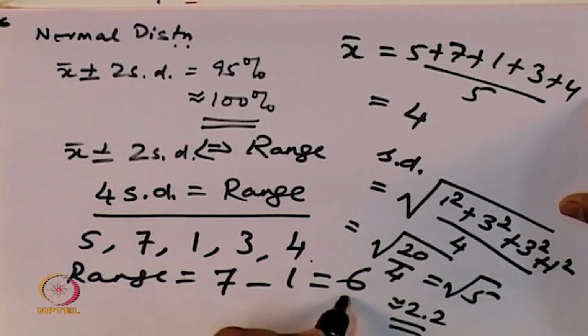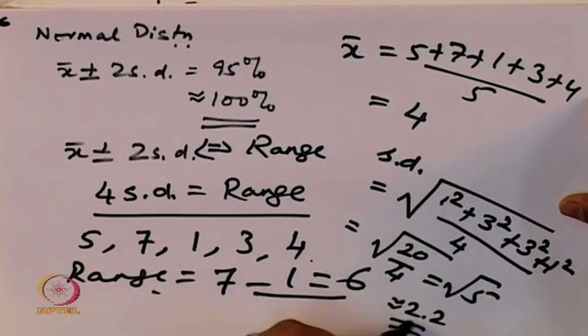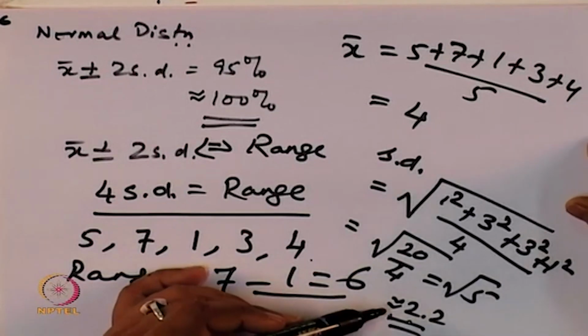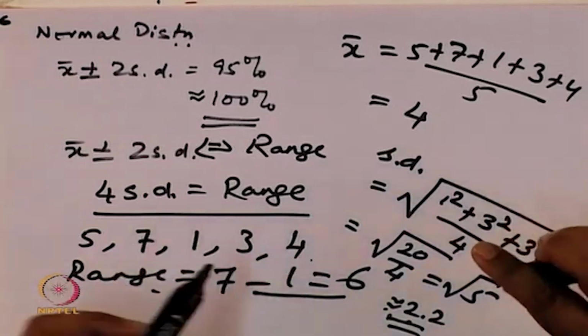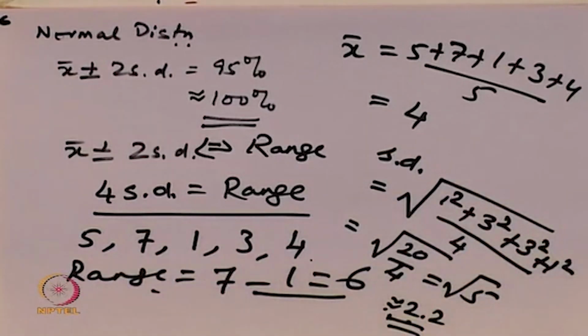So your range is 6, your standard deviation is 2.2, and 2.2 times 4 is about 8. They are comparable, so you know this is probably right.